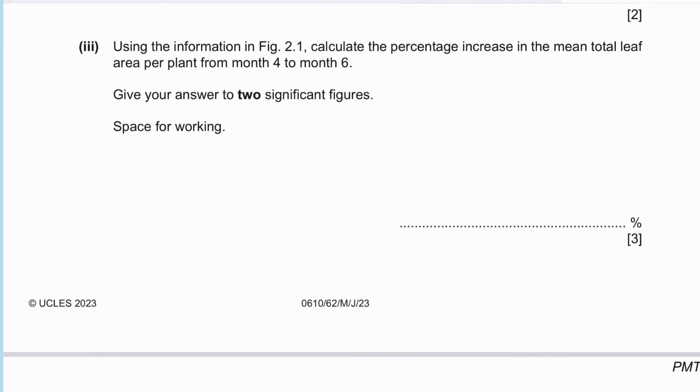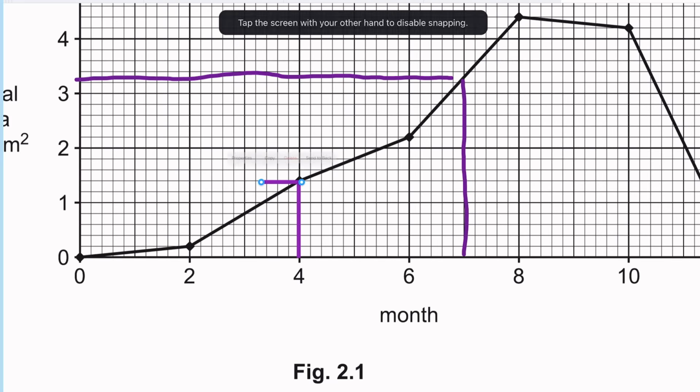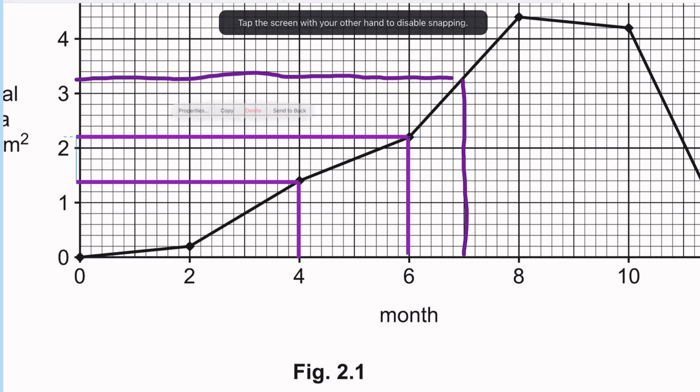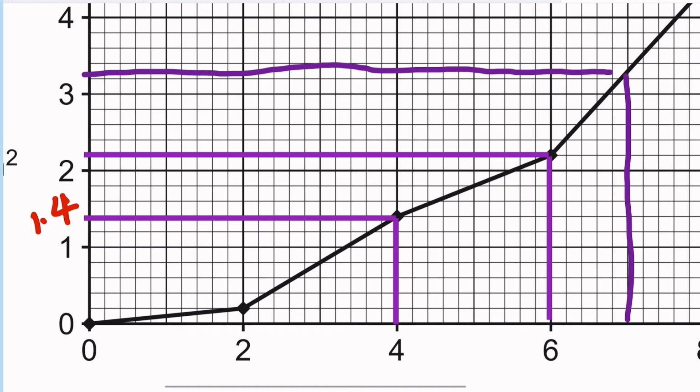Using the information from figure 2.1, calculate the percentage increase in the total mean area from month 4 to 6 and give your answer to 2 significant figures. So this is 4, this is 6. At 4 you've got 1.4. At 6 you've got 2.2.